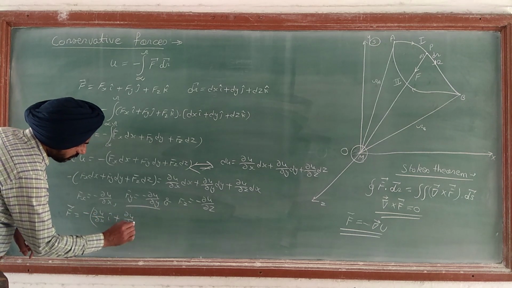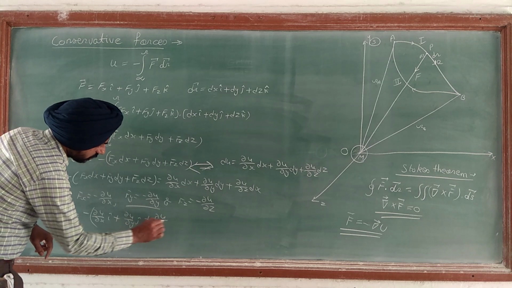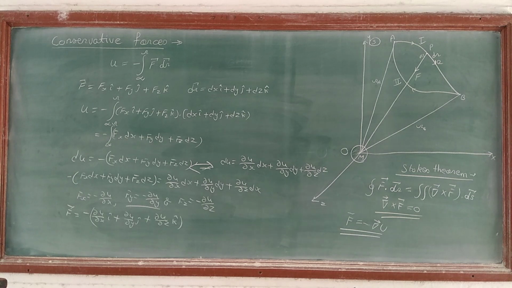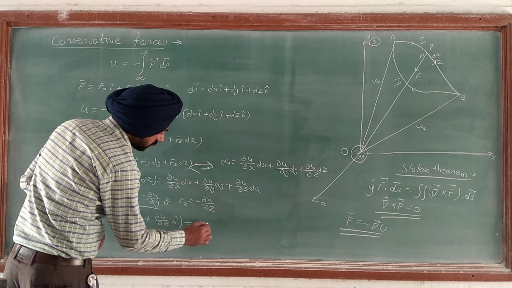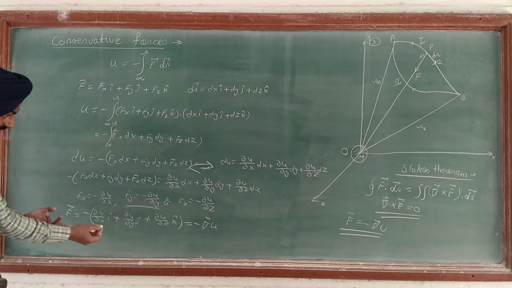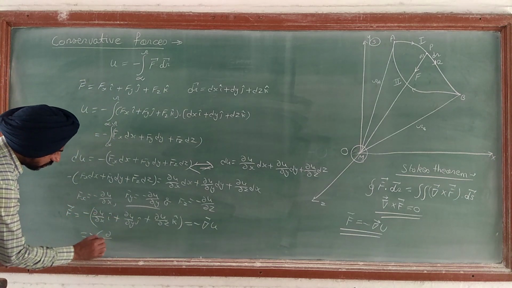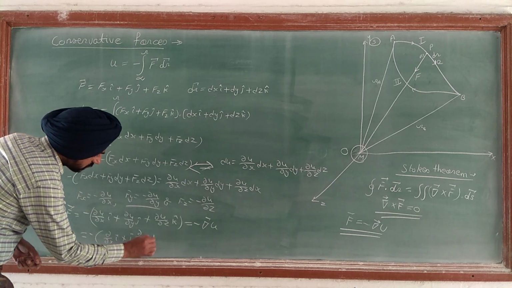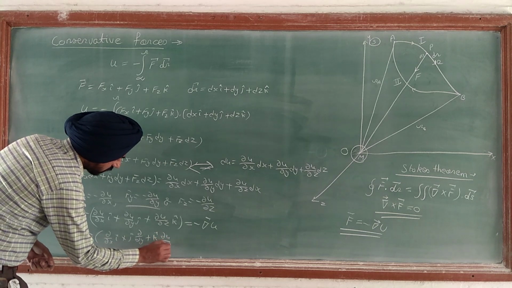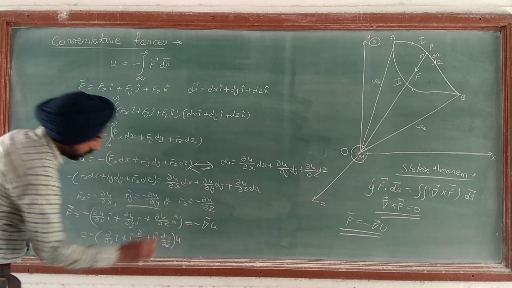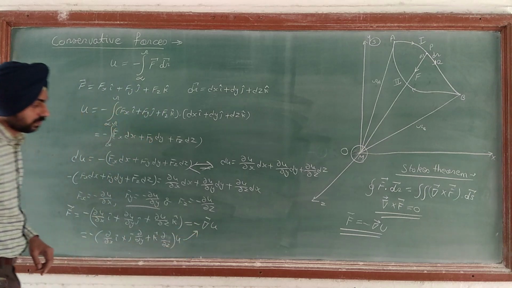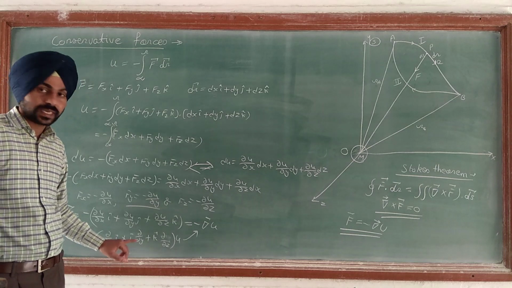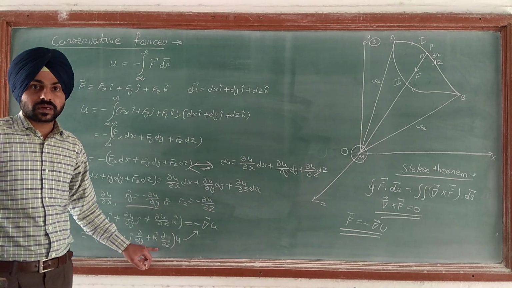So we can write it as minus del U, where the del operator is partial upon partial x i cap plus j cap partial upon partial y plus k cap partial upon partial z.